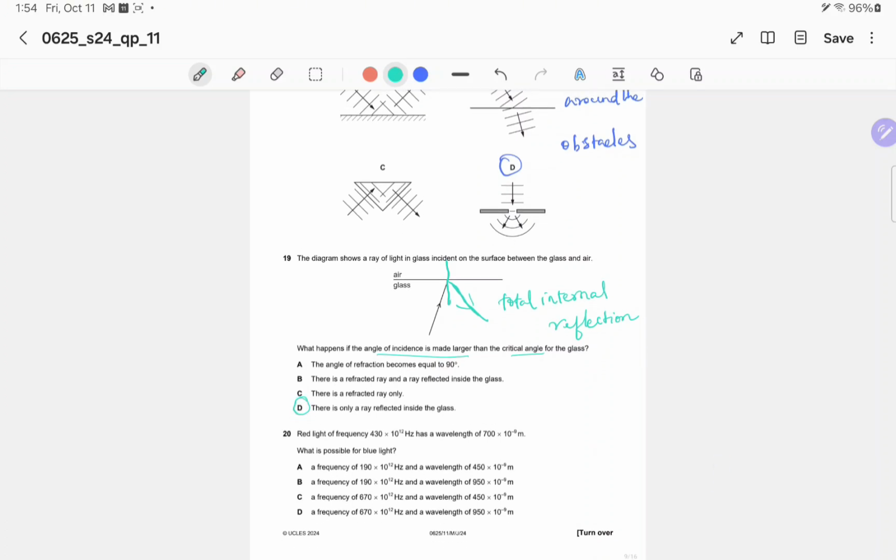20th question. The red light of frequency 430 times 10 power 12 hertz has a wavelength of 700 times 10 power minus 9 meters. What is possible for blue light?